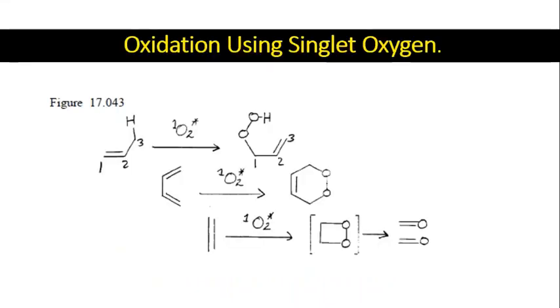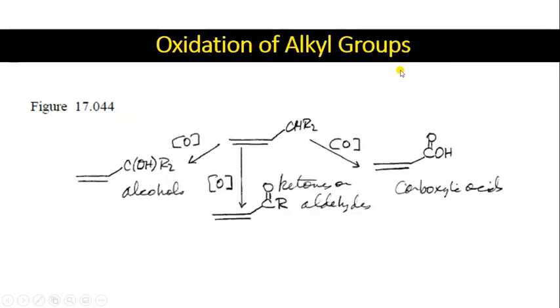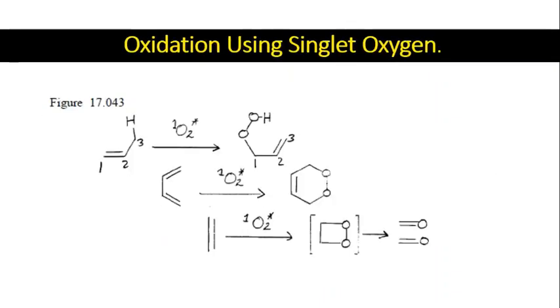Oxygen exists in two electronic forms: singlet and triplet.